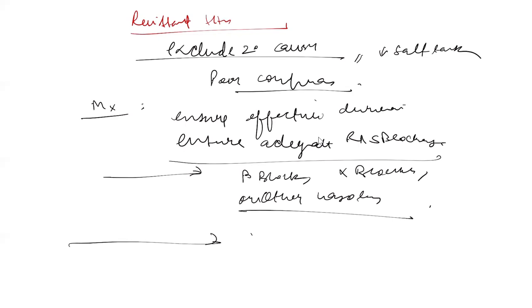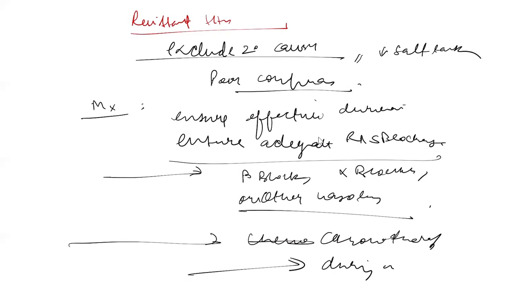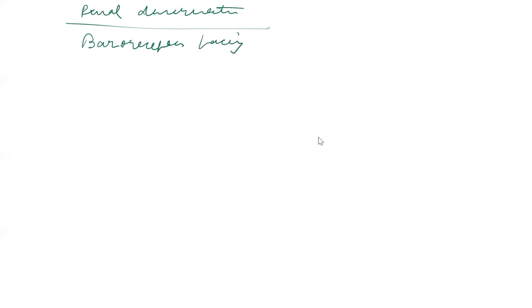We can also do chronotherapy, that is, we can give these drugs during night. Again, if the patient's BP doesn't get controlled on all of these agents, then we can do renal denervation. Or we can also do baroreceptor pacing. These are the newer options.